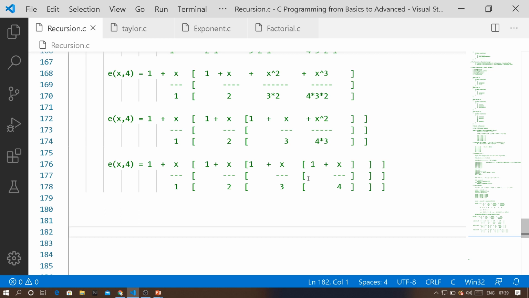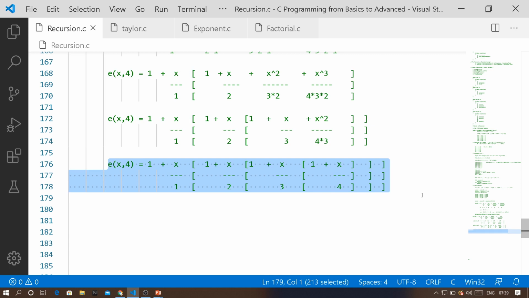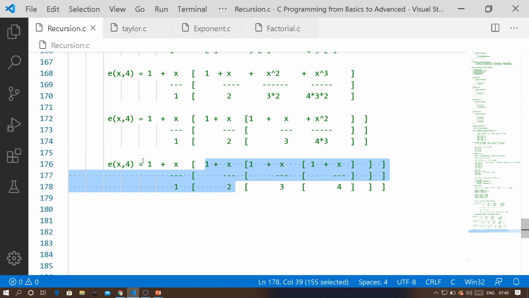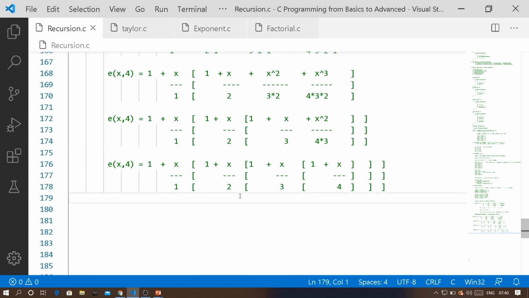Now what I'm going to do is represent this formula using a tree for your better understanding. If you see what is happening: 1 plus x divided by 4, 1 plus x divided by 3, 1 plus x divided by 2, 1 plus x divided by 1. Does it look the same?